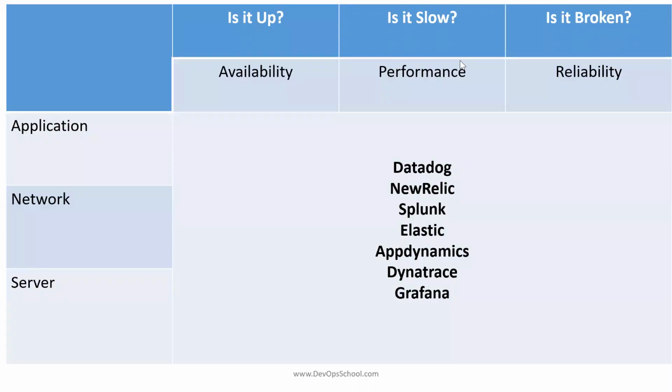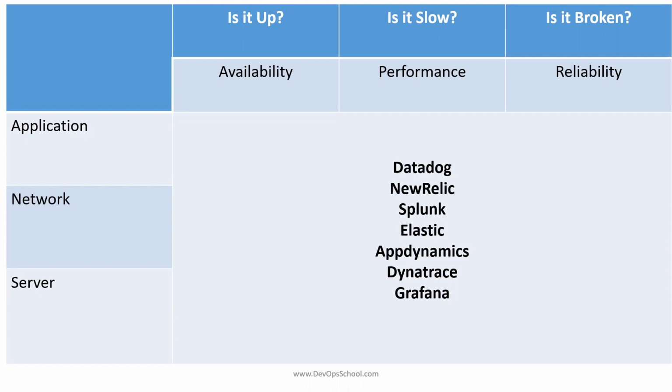So now the question is, okay, fine, we understood what observability is, but which tool will help us in this? This is a good and easy slide. If you are curious whether your application is available, that means is it up or not, or is the application slow, or is it broken?